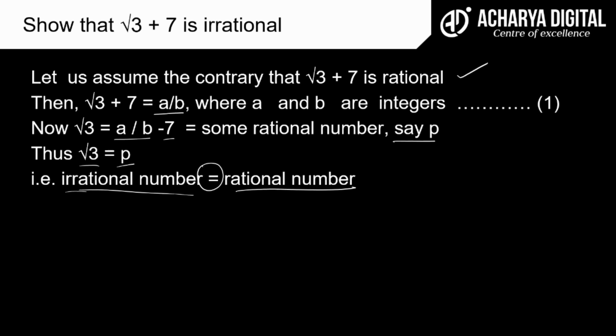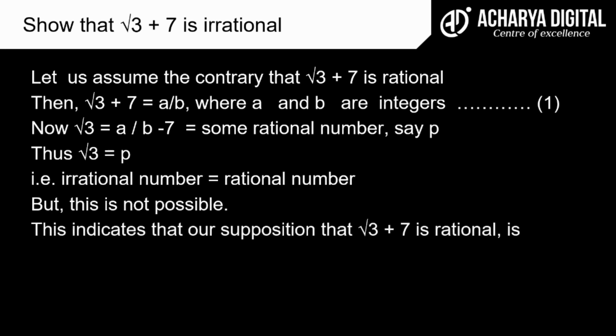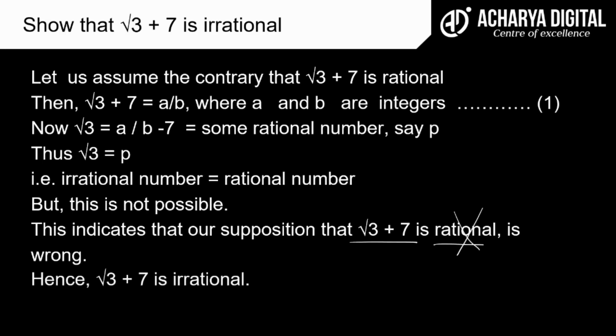Because our assumption is not correct. Our assumption is wrong. As this is not possible, this indicates that our supposition that root 3 plus 7 is rational is wrong. That means it is not rational. It has to be irrational. I hope you have understood how to show root 3 plus 7 as irrational.